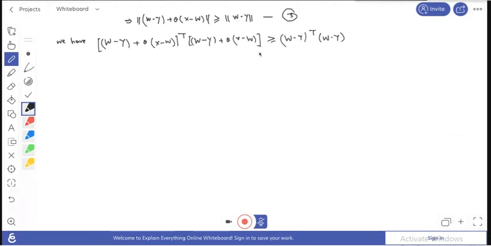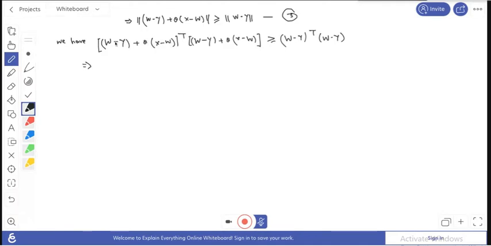Now if we try to solve this equation, you get this transpose with this transpose, plus theta with the real one.